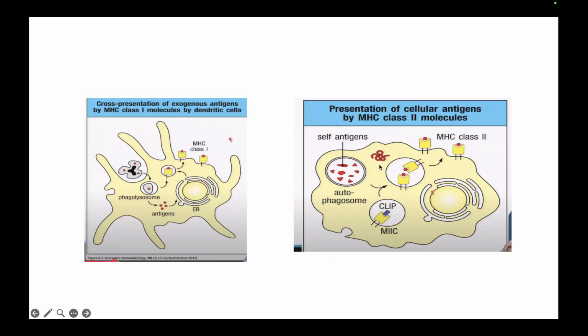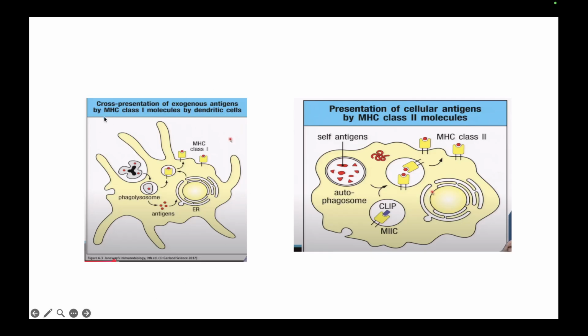The extracellular antigen is engulfed, and before loading the antigen, MHC class 2 is bound to a molecule called CLIP. The foreign antigen also comes in a vesicle, and they both combine. When the vesicles merge, CLIP is unloaded and the degraded antigen is loaded on the MHC, which is then presented on the surface with MHC class 2.